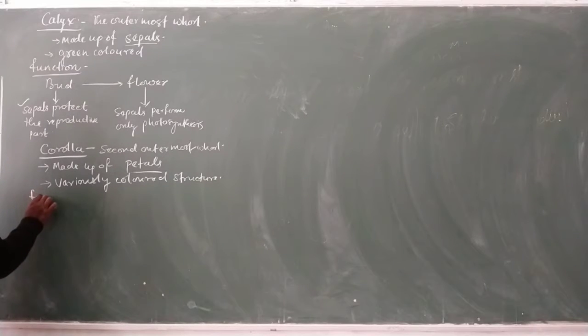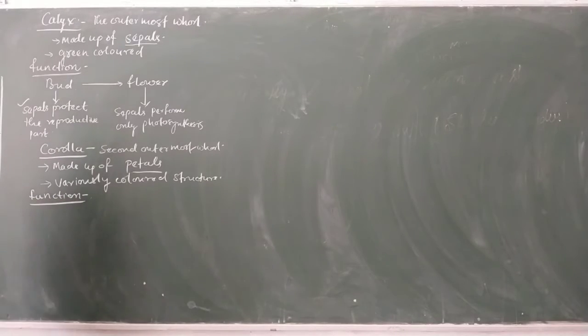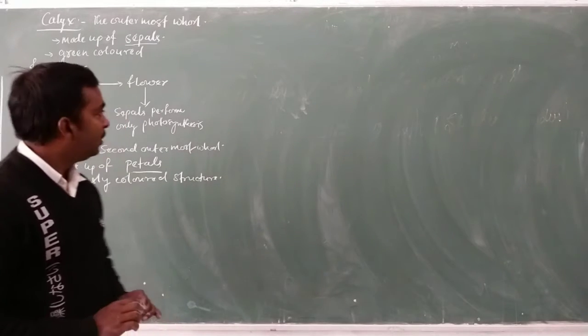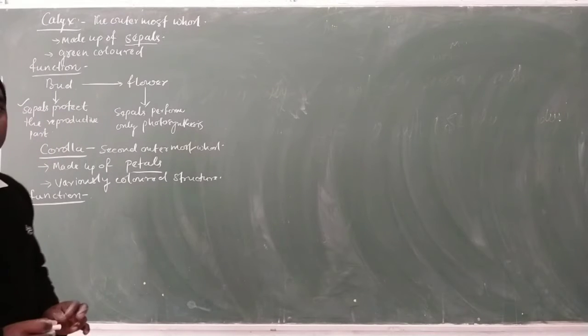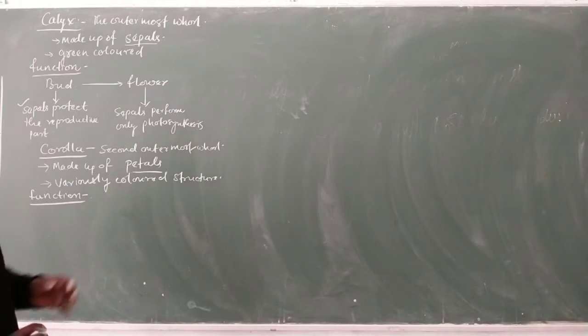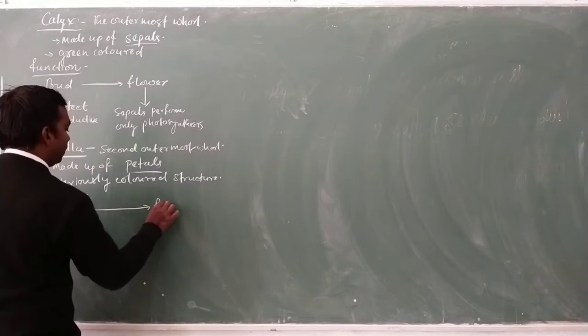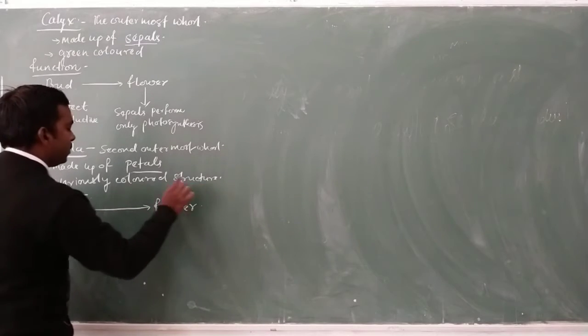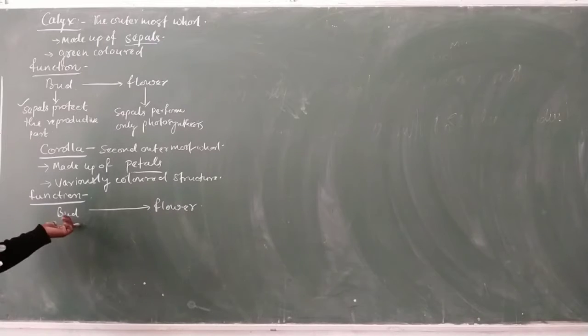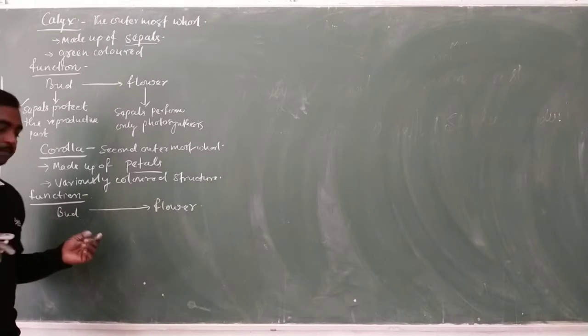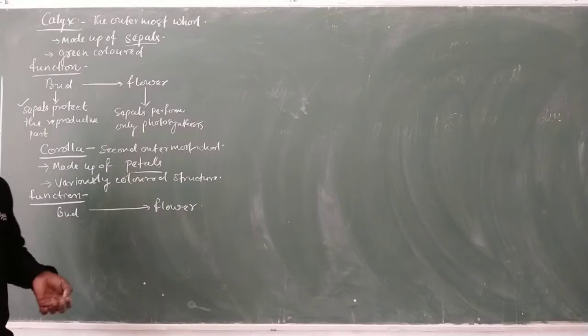Now about the function of the corolla. The corolla plays a similar function to the calyx, with different functions in the two conditions of the flower, bud and open flower.